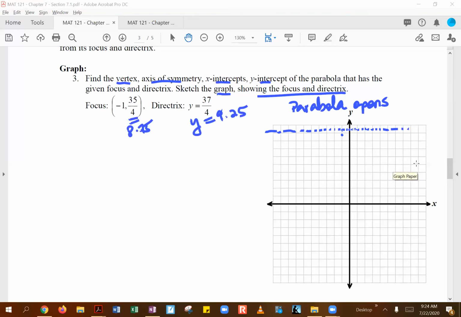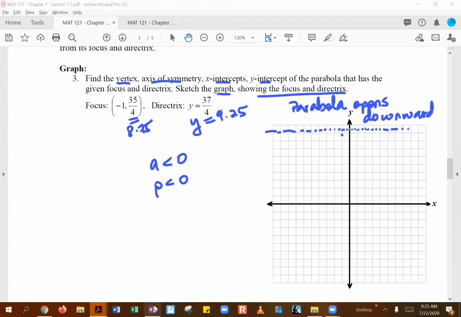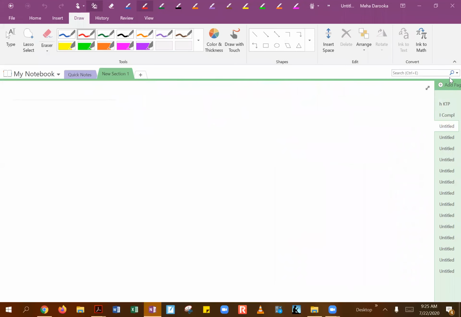It's going to open downwards because your focus is below the directrix. So the parabola opens downwards. So remember, this tells us our A value is going to be negative, which means our P value is also going to be negative. Okay, so let's try and gather all the information we can from this.